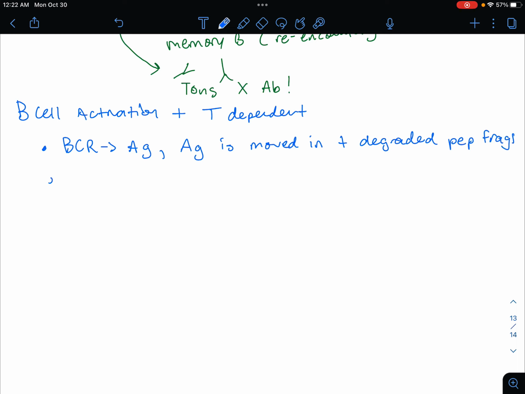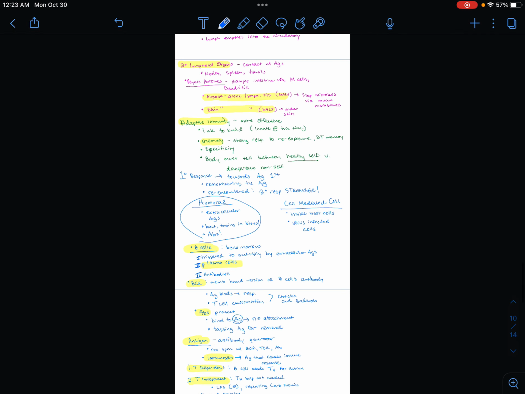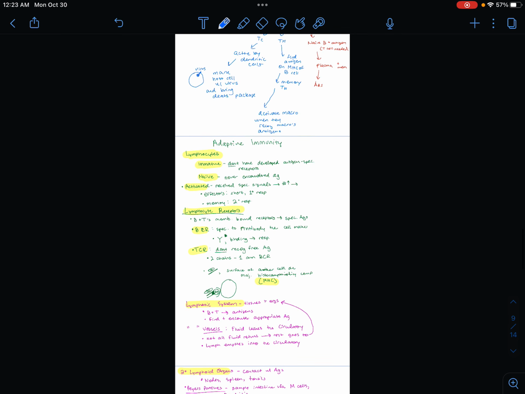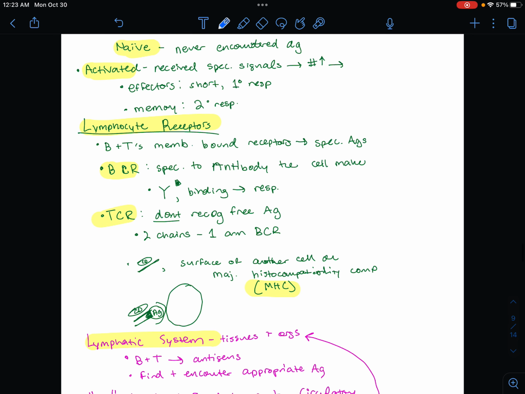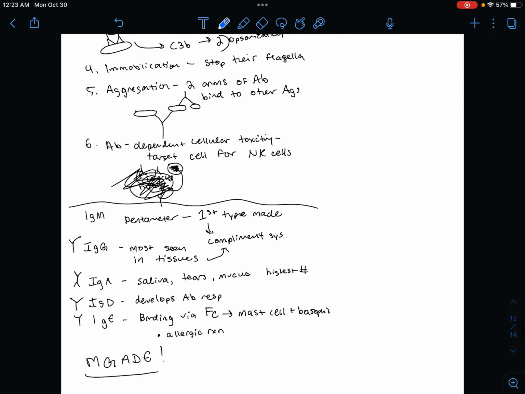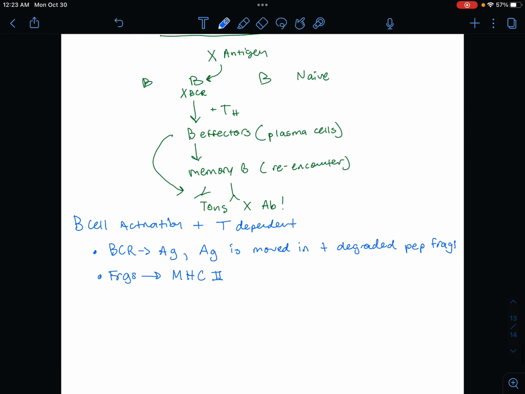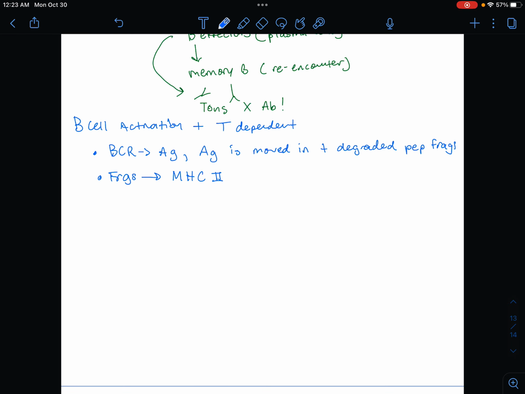Next, the fragments are moved to the MHC class 2. So if we go back here, we also talked about MHC up here somewhere. The surface of another cell in the major histocompatibility complex. That was for BCRs and TCRs. Specifically, I think TCRs. This is where we're going to have that T-dependent antigen.